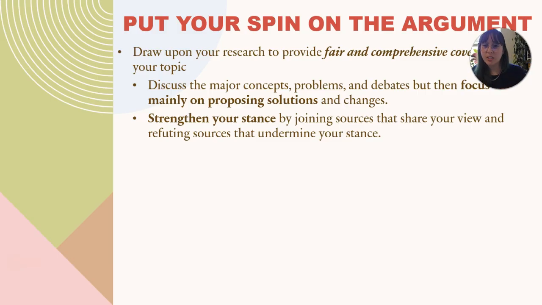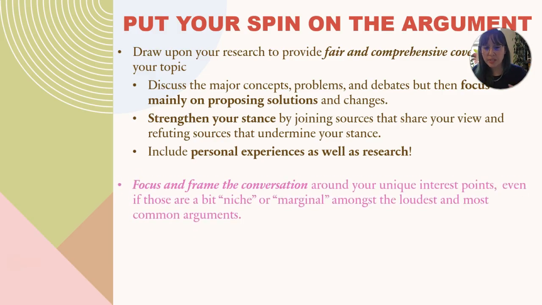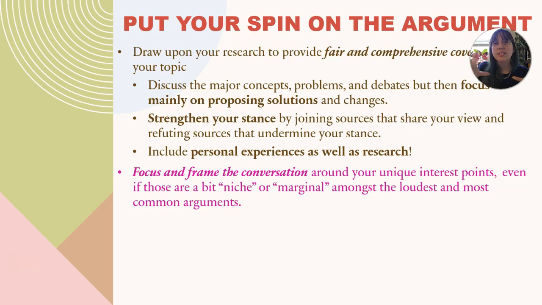Strengthen your personal stance by joining sources that share your view, by refuting sources that undermine your stance. Include personal experience as well as research. Focus and frame the conversation around your unique points of interest, even if those are a little bit niche or marginalized within the loudest and most common arguments in your research.